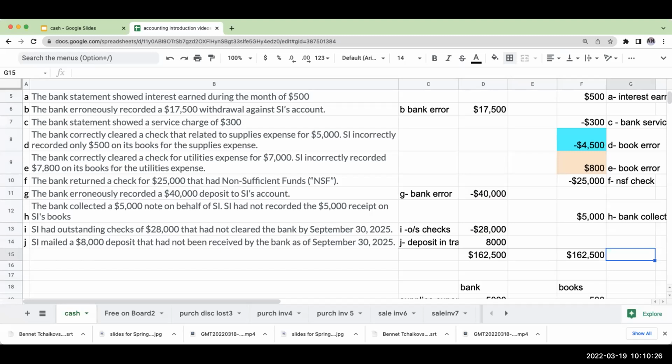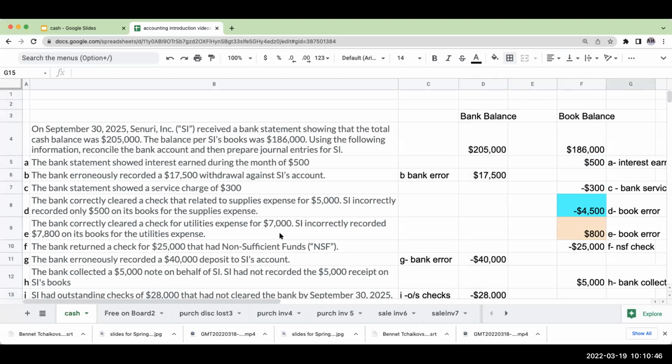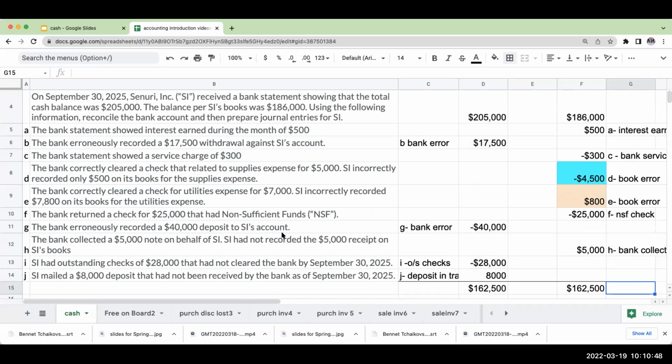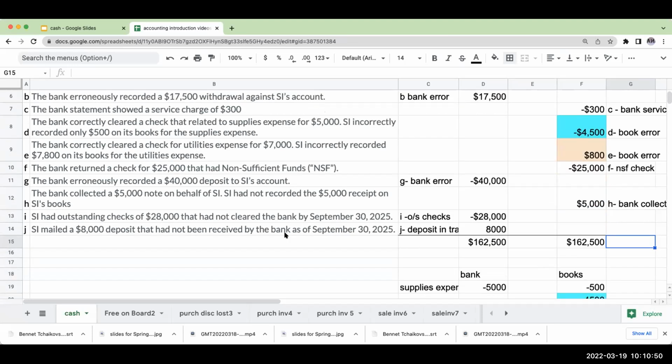So again, these can also be a little bit more complicated if we still have things going on from the prior period, but this is how we go through and do a bank reconciliation. I tried to come up with everything that could possibly be out there for you, at least for my exams. But hopefully you'll find this video to be helpful. This is how we go through and do bank reconciliations.